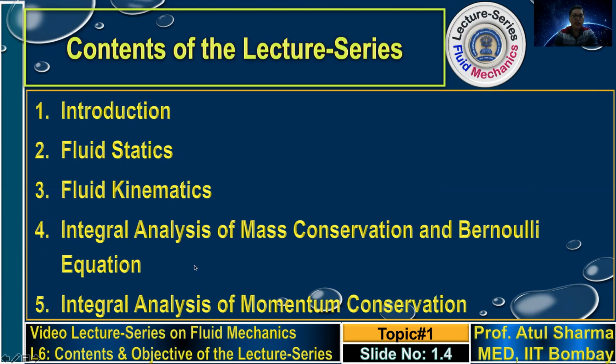This integral analysis of a fluid mechanics problem consists of a control volume which is large enough, whereas later on I'll show you a differential analysis which considers a very small control volume.